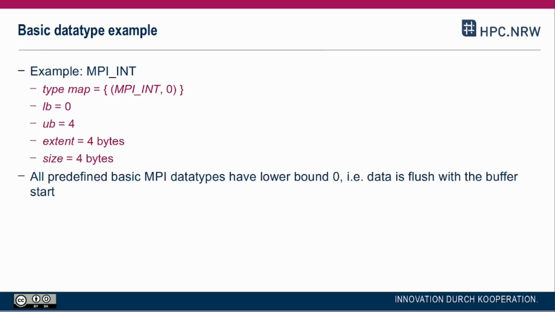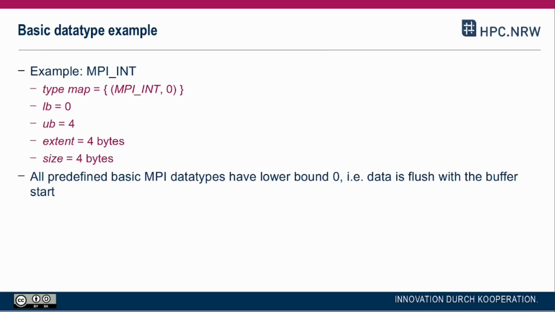All predefined basic data types have a lower bound of 0. That means the data is flush with the starting address. You can define derived data types in MPI that are not flush with the starting address. You do some manual massaging of the data type, and that's possible.